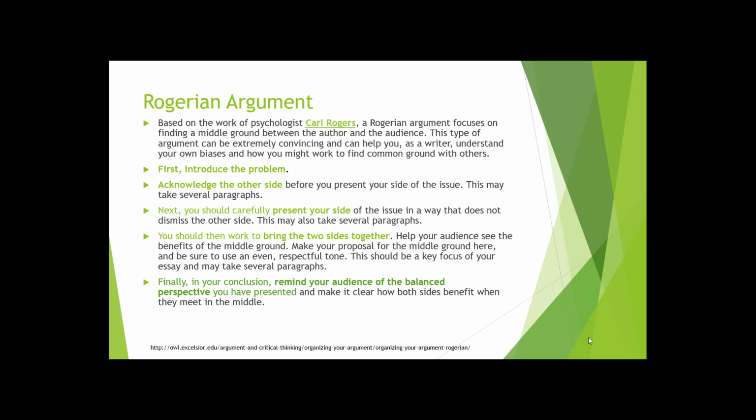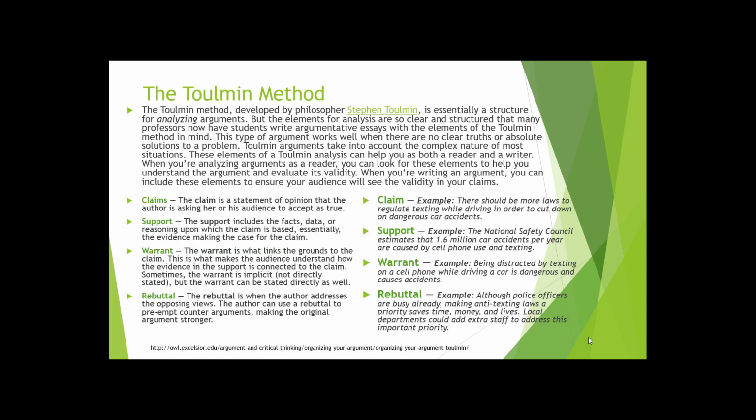With Rogerian argument, you introduce the problem, you talk about what other people think, and then you show how they have things in common with what you think and how what you think is best at the end of that same call to action, right? So it's just two approaches to the same thing.